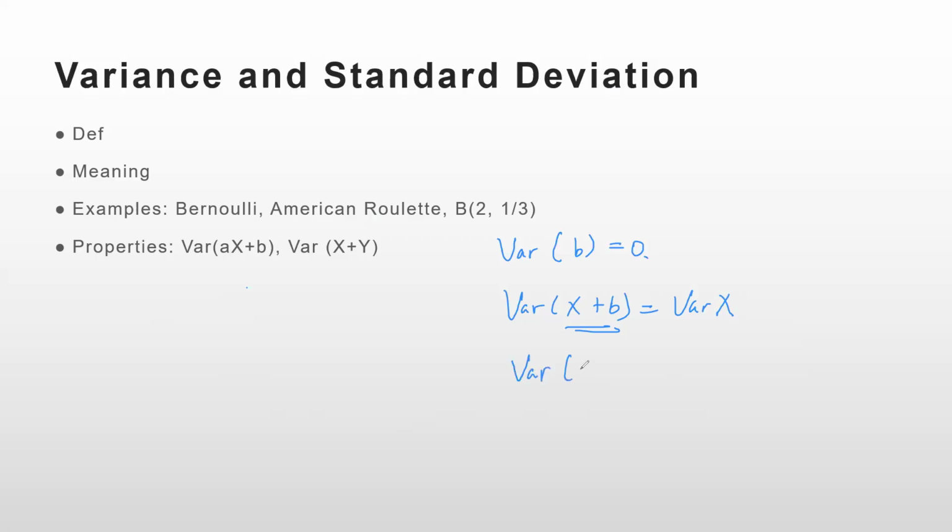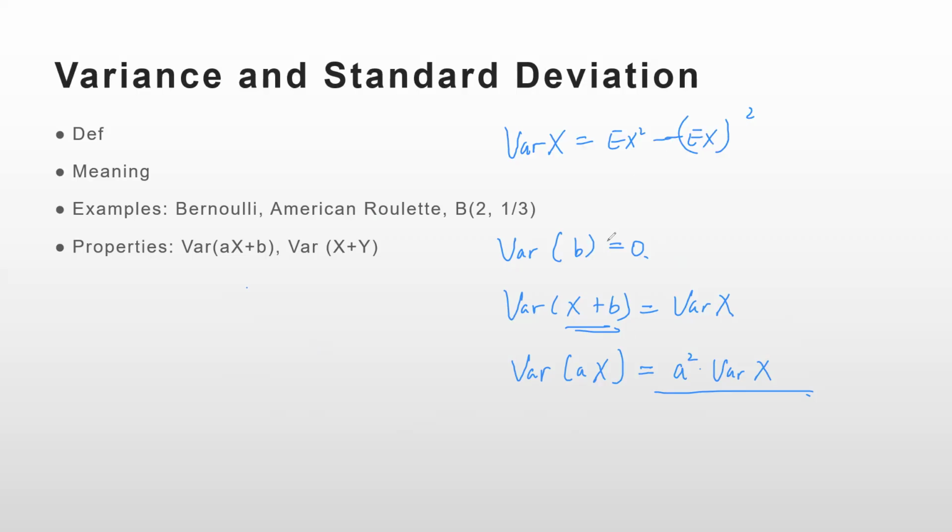But if you multiply by a number, then you either stretch it or push it towards 0, depending on the value of a. If a is negative, then you sort of switch, but it doesn't really matter in terms of the negative sign because you're squaring it. So eventually you have a squared times the variance of X. You can prove this very easily by using the formula: the variance of X equals E of X squared minus (E of X) squared.